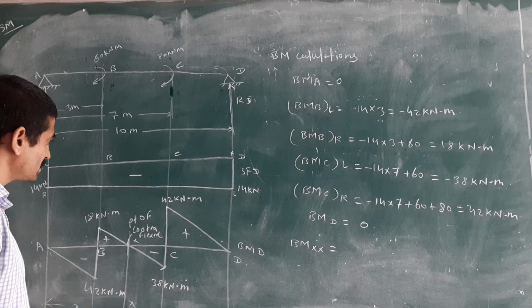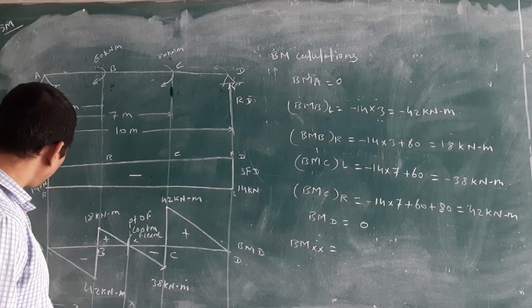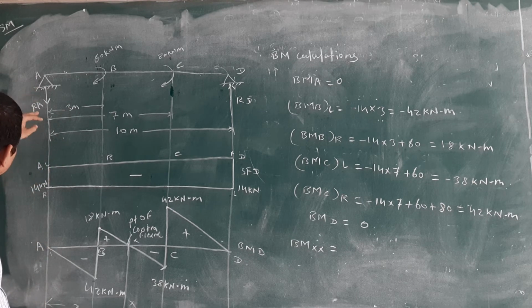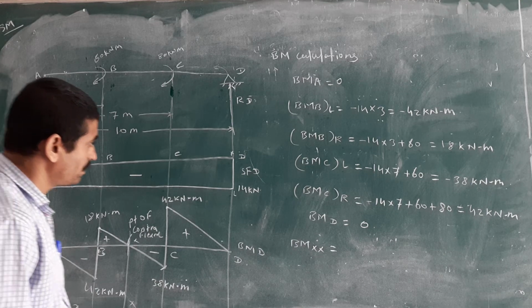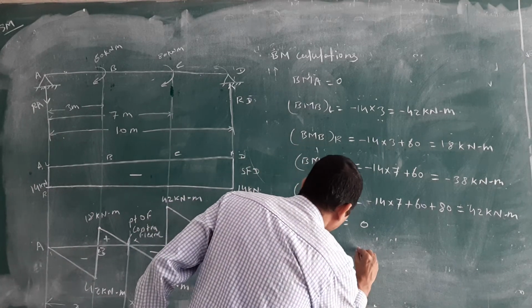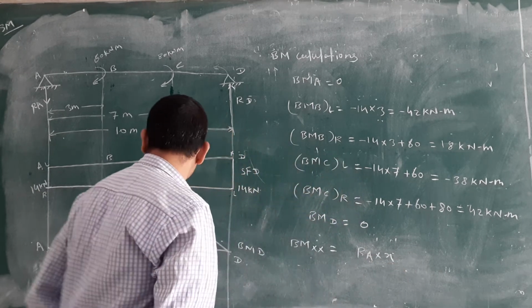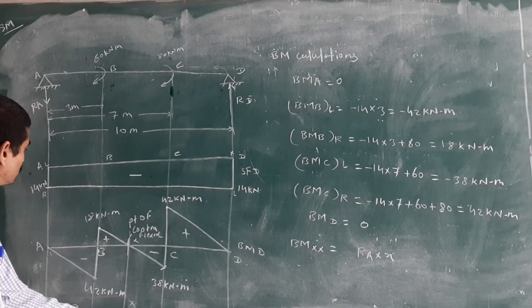How to get the X distance? At the A point there is minus 14 kilonewton. I will write RA into X, RA into the total distance up to X.